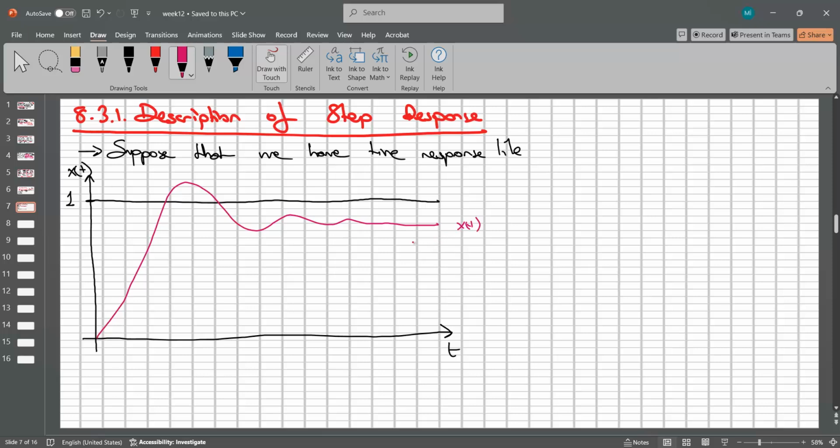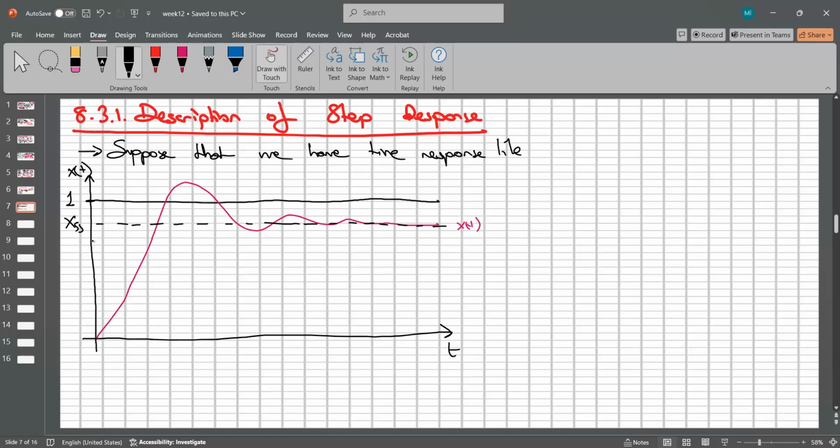So first of all, we need to draw these things. This is the XSS. Okay, this is the steady state response.